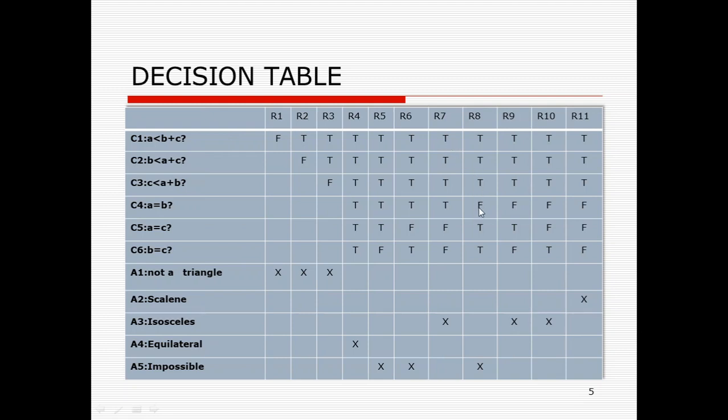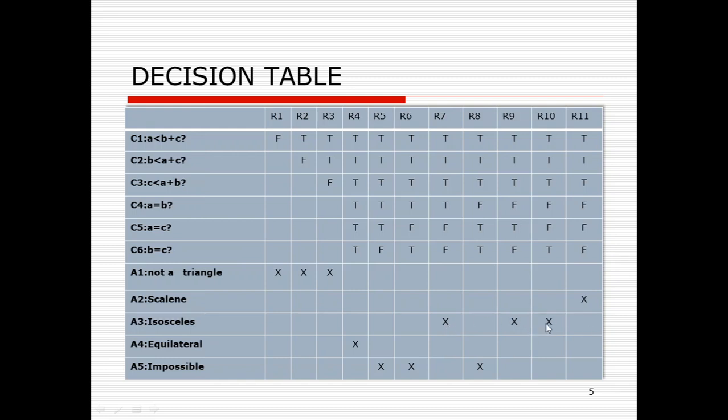We have a similar condition in rule 8: if A equal to C and B equal to C, then A must be equal to B. If A is not equal to B, it is an impossible condition. But if we have A equal to B, A not equal to C, and B not equal to C, then it should be an isosceles triangle.